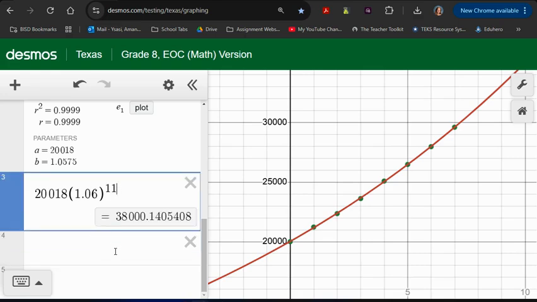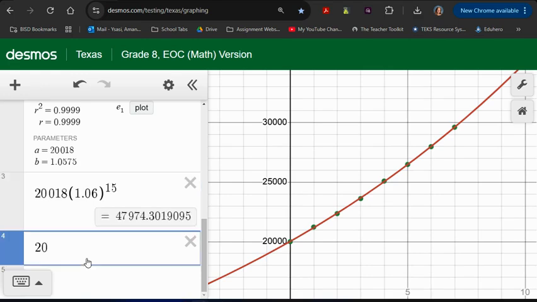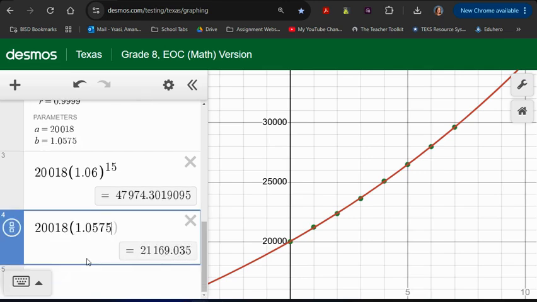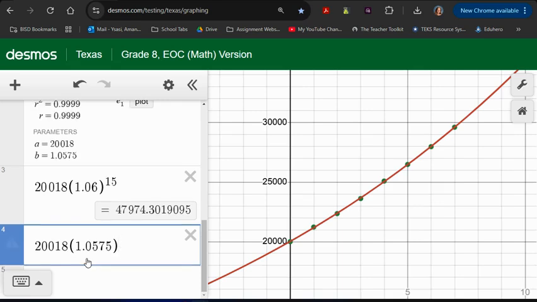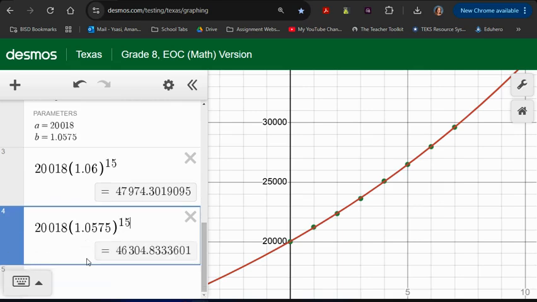Oh, 15. Whoops. Thanks. 15. But let's say we use that full B value. I'm going to do 1.0575 to the 15. Okay, so what I did was I used the hundredths place and then I used the full amount. Whenever you use the entire amount, you're actually getting closer to the exact. So if it doesn't say to round, just use the full amount.